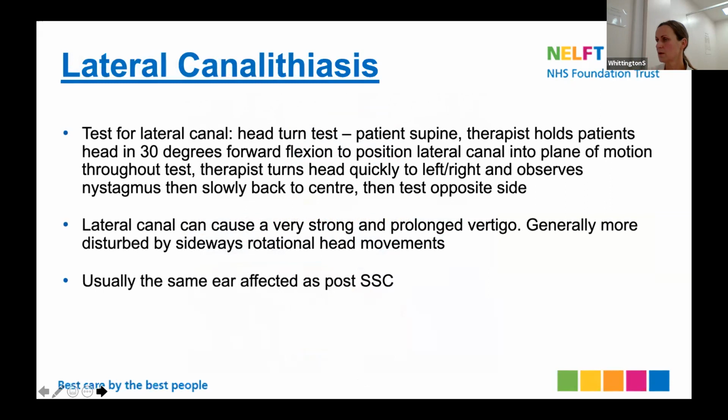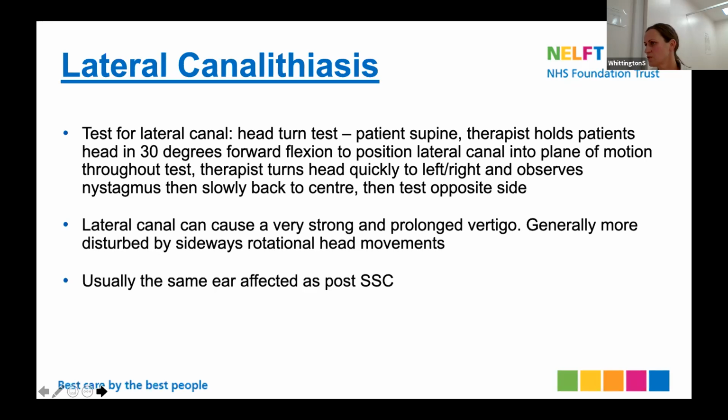So this is the lateral canal. There is a different test because this canal is aligned slightly differently. Because it's aligned in a horizontal way, you have your patient lying on the bed with the head about 30 degrees in flexion. So just have a pillow or two under the patient's head, and then you turn the patient's head quickly to the right or left, whichever side you want to start.